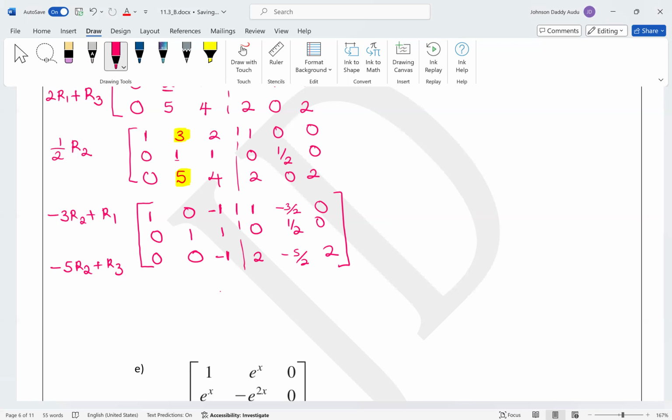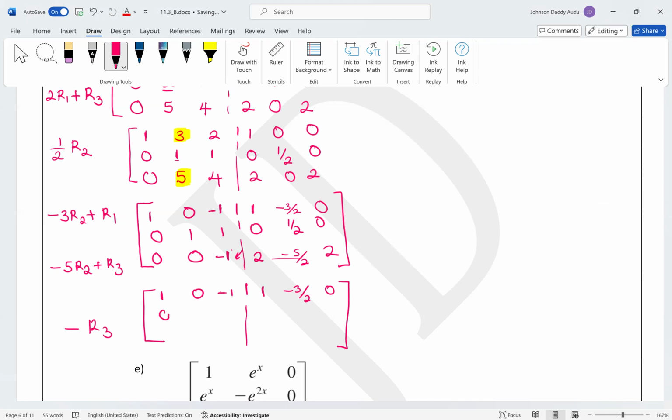So the next will be to make this one to be 1. This has to go to 1. So we can just multiply this by 1, so I have minus R3. So this remains as 1, 0, minus 1, 1, minus 3 over 2, 0.